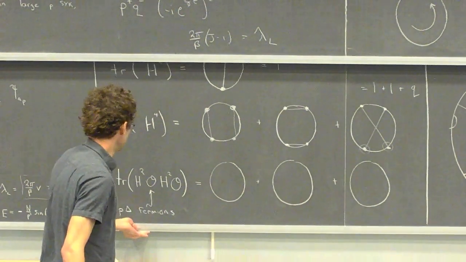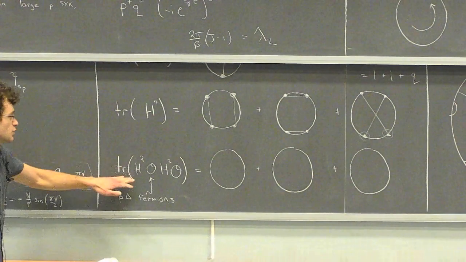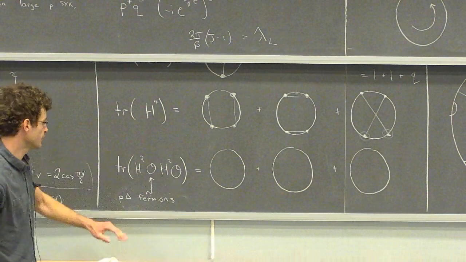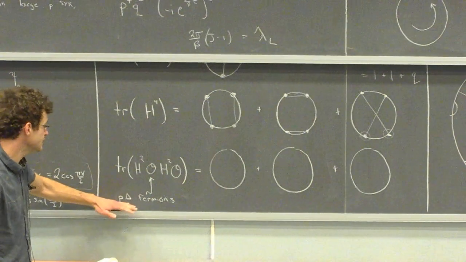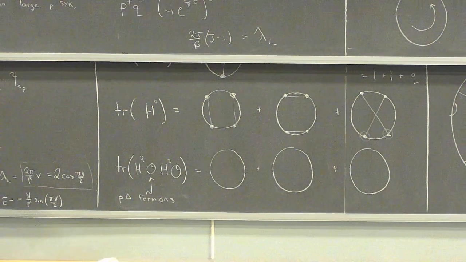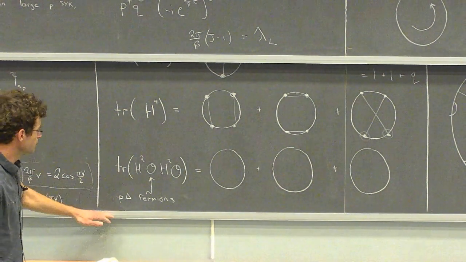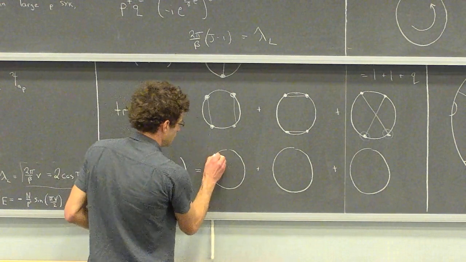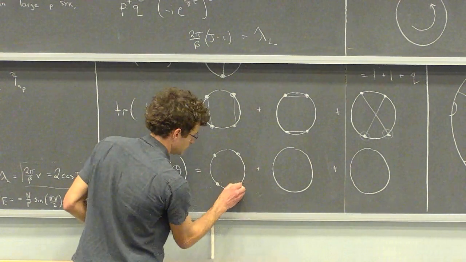Let's see now how to compute something with some operator insertion. The trace of h squared times some operator, h squared times operator. Here the operator is going to be a product of p times delta fermions. So p is the number of fermions in the Hamiltonian, and delta is a parameter. So we have the following kind of situation.